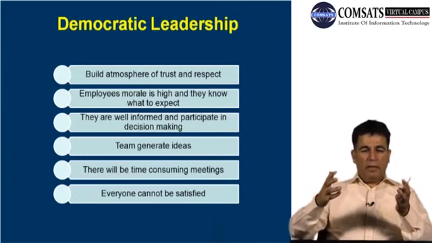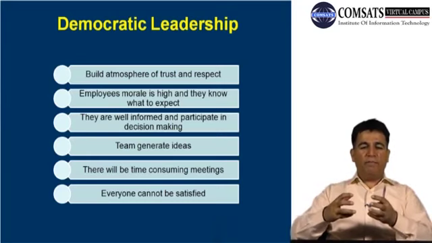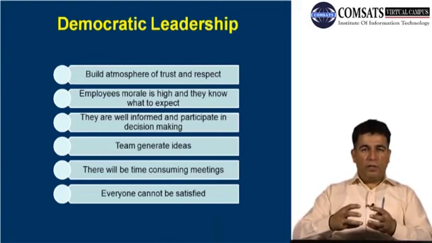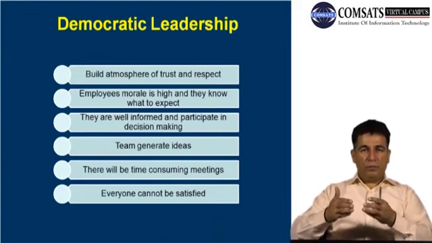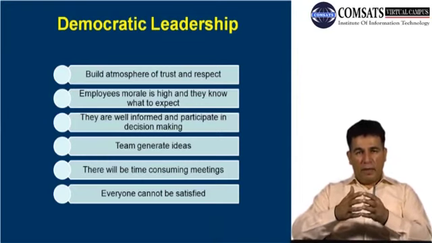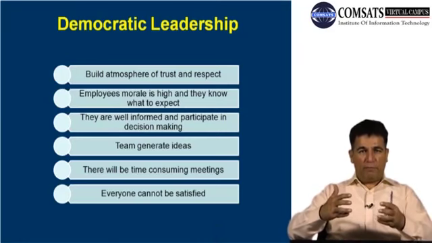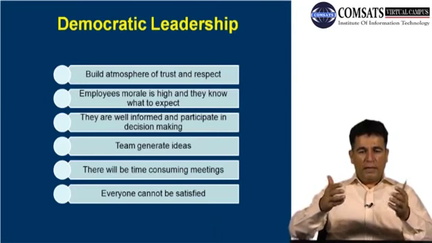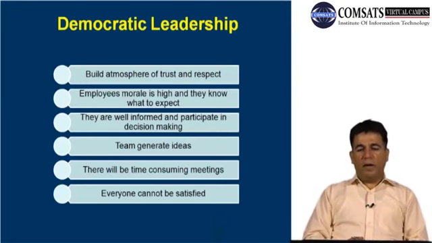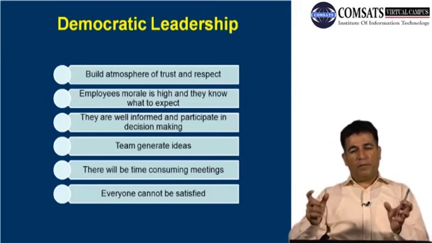In this type of leadership style, a supportive environment is built in the organization, and that builds and strengthens the trust of employees. And then there is an atmosphere in the organization which is ethical and respectful. The next feature is that employees' morale is high and they know what to expect. Here employees are highly motivated, and they are clear about their expectations.